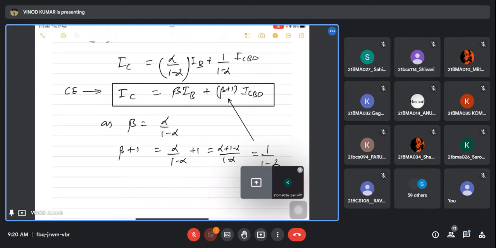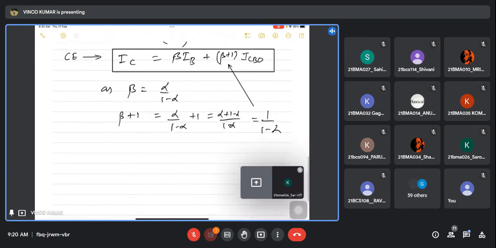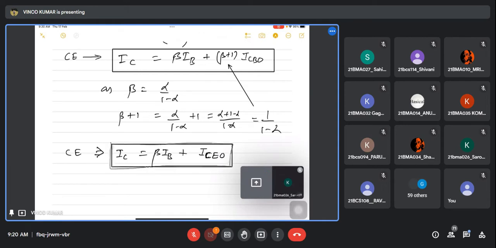So this can be further modified like this: beta IB plus beta plus 1 times ICBO. This is ICEO actually, where ICEO is equal to beta plus 1 of ICBO, because this is the leakage current because of minority carriers in case of common emitter configuration.